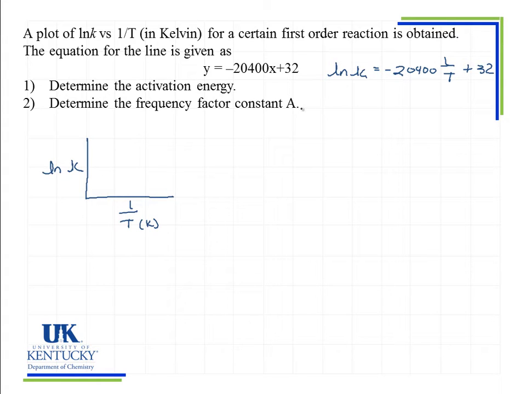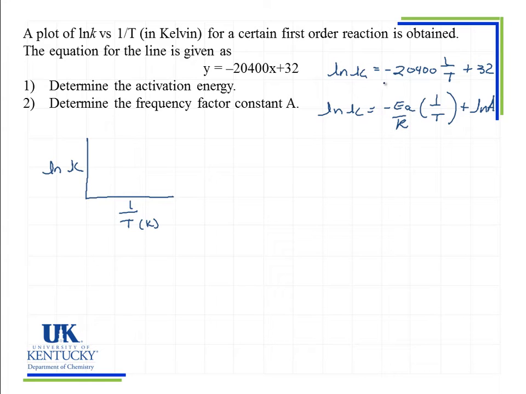Now this comes from the equation that the natural log of K is equal to minus E sub A over R times 1 over temperature plus the natural log of A, where A is our frequency factor.